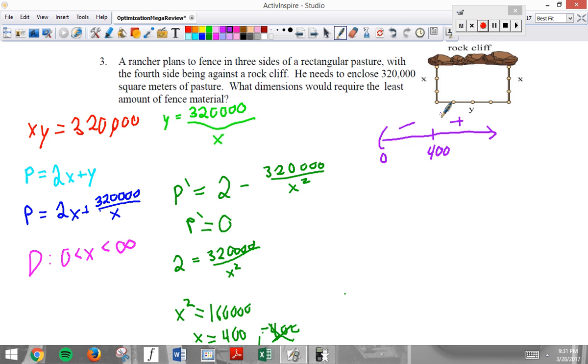So is 400 a minimum? Yes. So x equals 400. Y equals... don't tell me. 800.